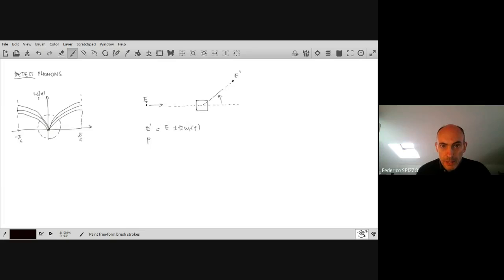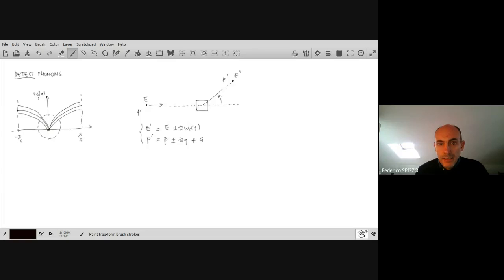So we have P prime, that is the momentum of the probe after the interaction, equal to P, that is the momentum of the probe before the interaction takes place, plus or minus h bar q plus G, because we need to consider the additional contribution of the reciprocal lattice vector regarding the second equation.